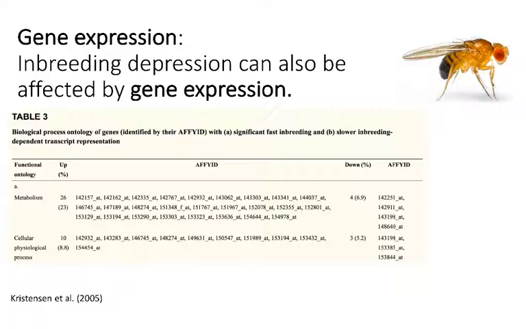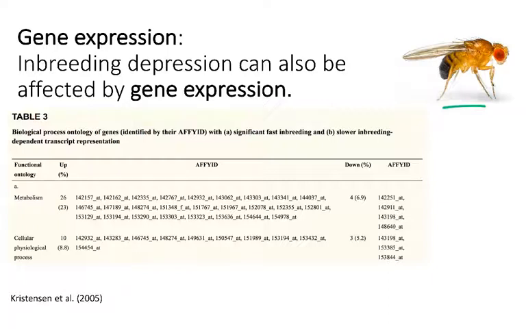Another really interesting way that inbreeding depression can result is from changes in gene expression. They did this really cool study, which is from 2005 now, but it's still very striking, I think, in terms of what they found. If you were an inbred individual, and they were doing this in Drosophila, an individual that is inbred and in a normal, non-stressful environment actually shows gene expression that indicates they're stressed.